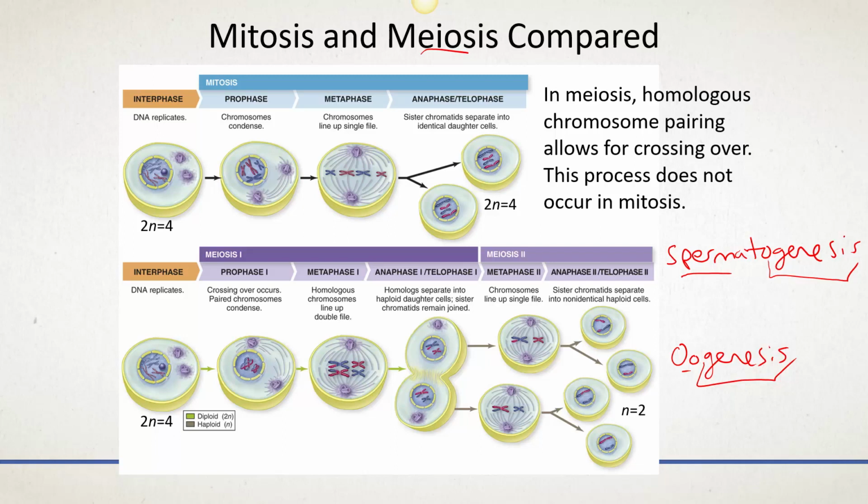Spermatogenesis completes meiosis. So the sperm cells are completed by the time they are done going through the process of spermatogenesis. Now, oogenesis, meiosis actually doesn't continue and doesn't go all the way through to completion until the egg is fertilized.